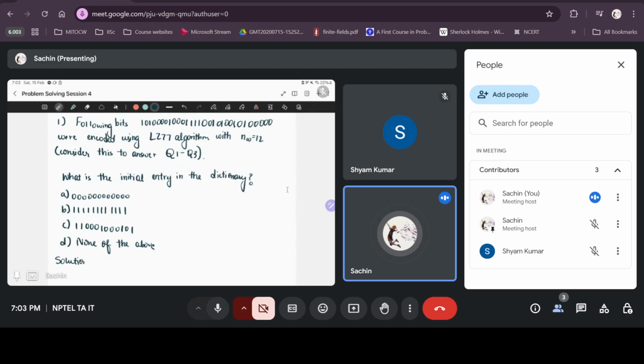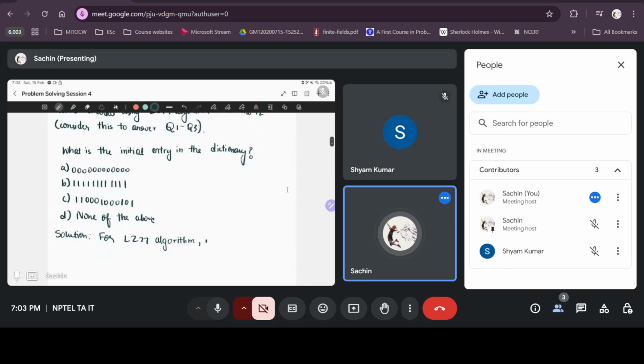So this is the LZ77 algorithm, and for the LZ77 algorithm, the initial dictionary contains the first NW symbols.